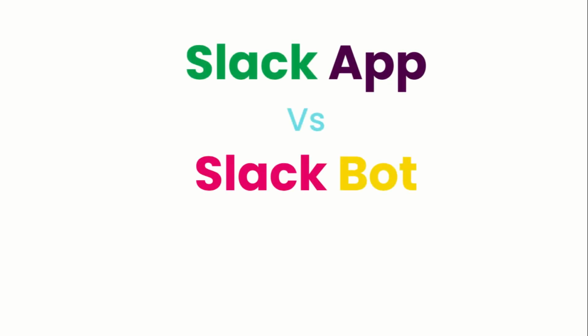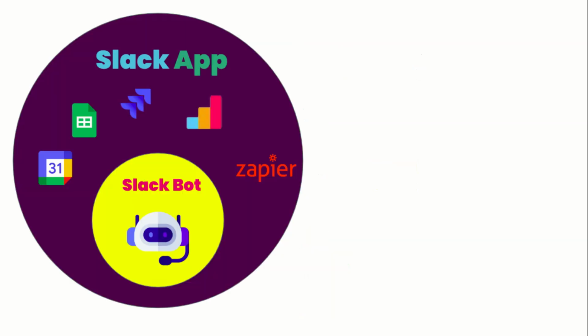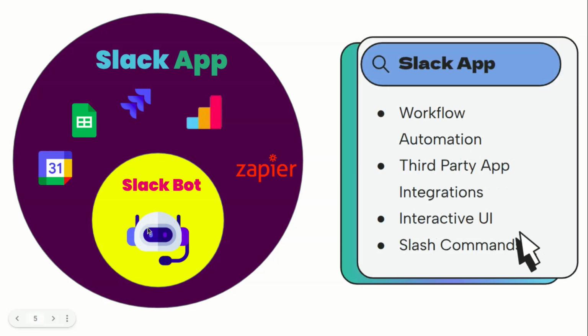So now let's see what the difference is between a Slack app and a Slack bot, because I also used to get a lot of confusion between the two, right? See, a Slack app is a whole universe where you have a Slack bot as a part of it, right? A Slack app can have different functionality.